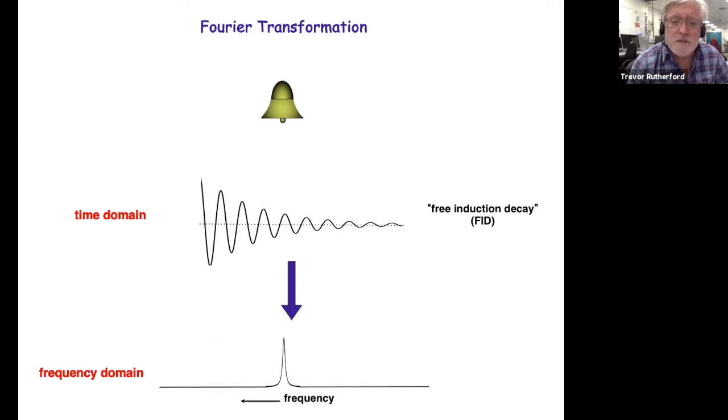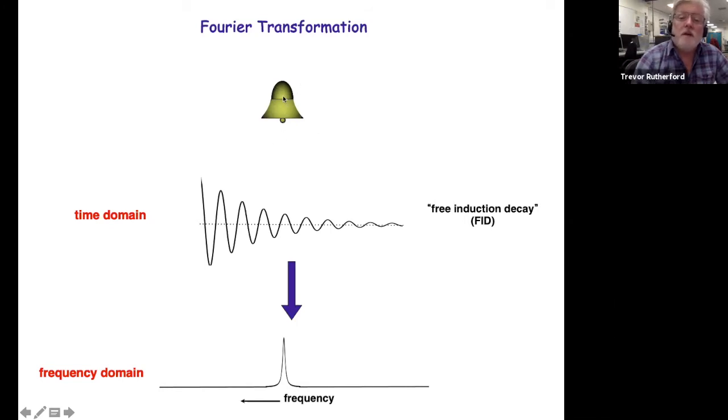So I was struck a few years ago by how elegant Andy Jerome's description of Fourier transformation NMR was. This is lifted straight from Andy Jerome's book. It's a nice illustration if you haven't come across this before. The idea is if we have a resonator that in this case is represented by a bell, and let's assume the bell doesn't have a whole series of harmonics, it's just a resonator with a single frequency in this analogy.